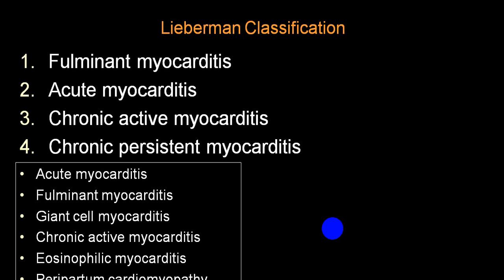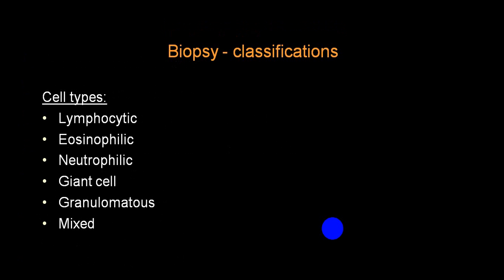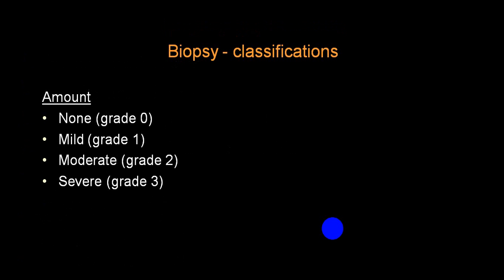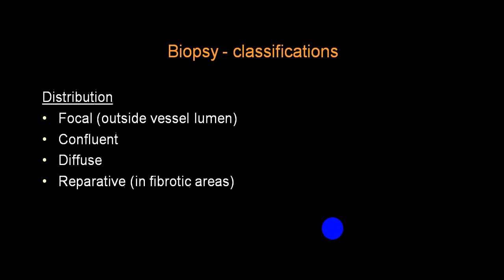Other terminology also utilized: acute myocarditis, fulminant myocarditis, giant cell myocarditis, chronic active, eosinophilic, peripartum. Biopsy wise, depending upon the type of infiltration: lymphocytic, eosinophilic, neutrophilic, giant cell, granulomatous and mixed variety. Grading wise, on biopsy classification: mild, moderate and severe, and also grade 0 or none. Distribution wise: focal, confluent, diffuse and reparative, that is in fibrotic stages.